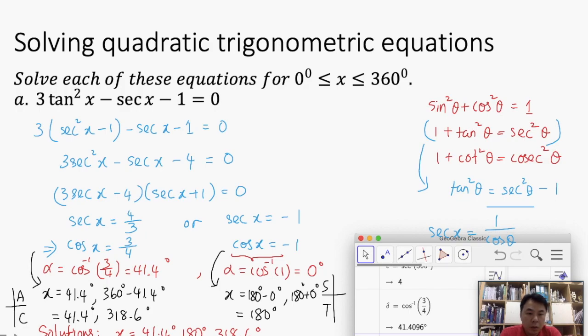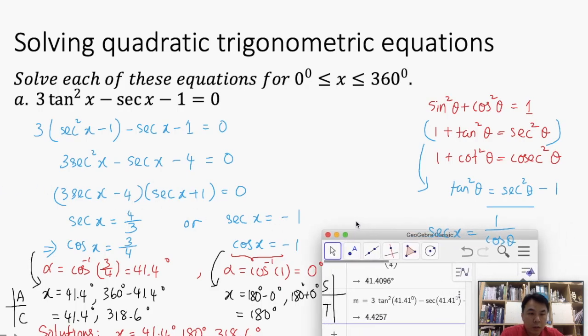Then subtract off secant 41.41 degrees also, and then finally subtract 1. Let me see whether I got that right. Okay, done. There's always something not right here. Minus 1, secant, tangent square 41.4.